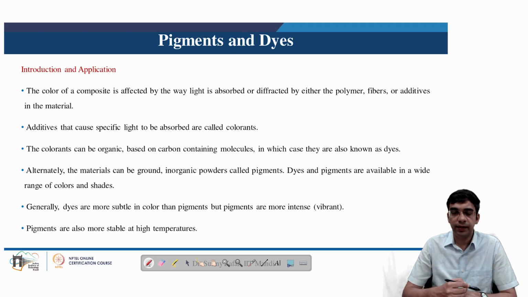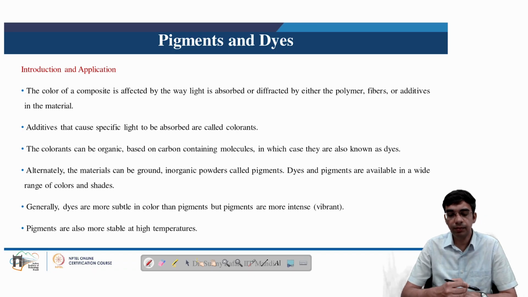The next additive in the matrix includes pigments and dyes. Sometimes the color of the composite material is affected by the way visible light is absorbed or diffracted by the polymer or its constituents, which include fibers or additives. Additives which cause specific light to be absorbed are known as colorants. These colorants can be organically derived, based on carbon containing molecules, in which case they are known as dyes.